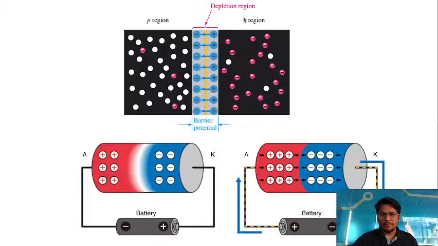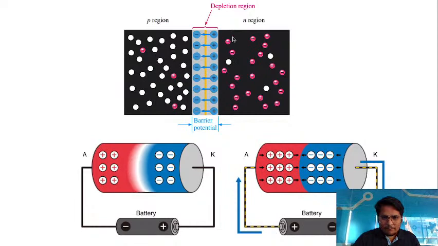Okay, so now we will discuss the p-n junction diode. If we take p-type material and n-type material and combine both together, a p-n junction will form. In this situation, what happens? From the n-side region, electrons will start diffusing towards the p side, towards this depletion region.